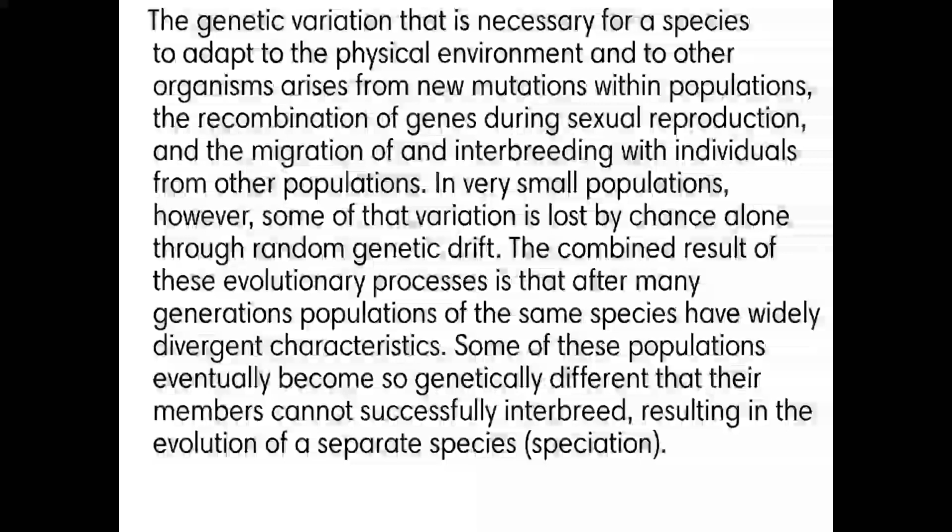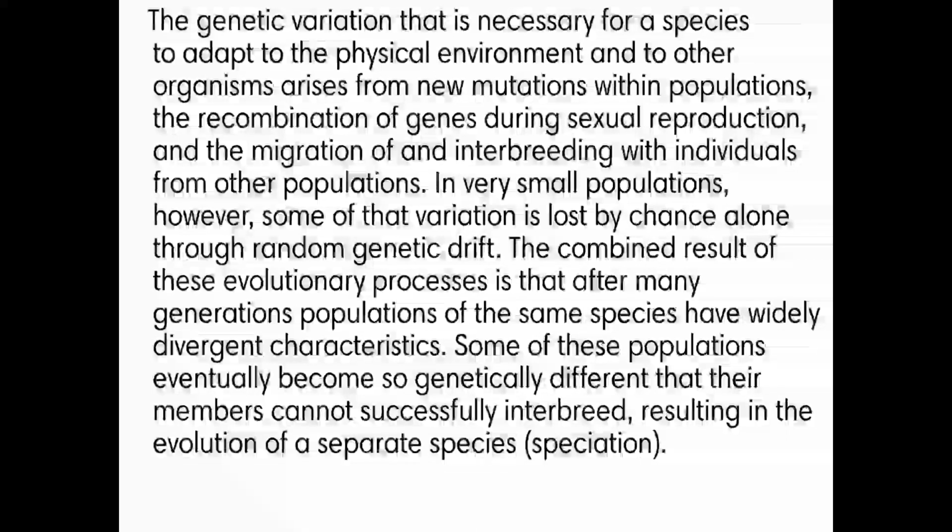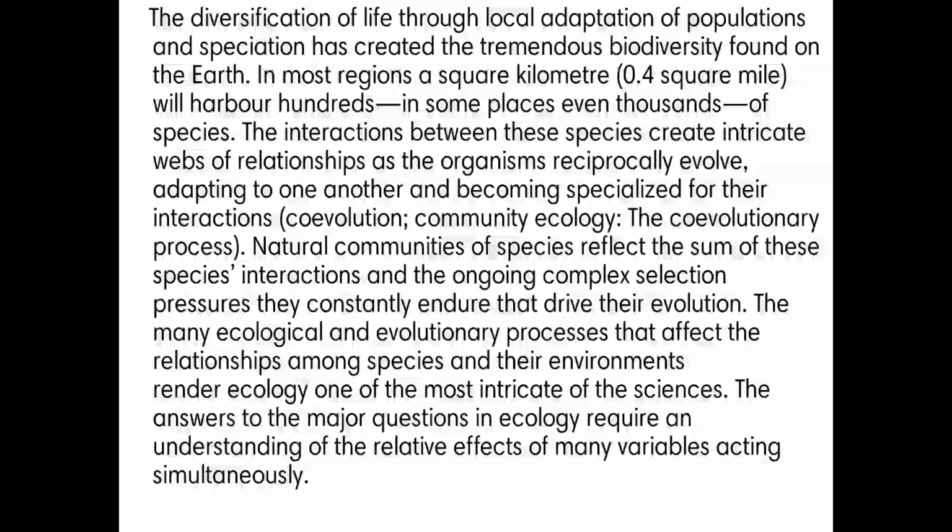Some of these populations eventually become so genetically different that their members cannot successfully interbreed, resulting in the evolution of a separate species, speciation. The diversification of life through local adaptation of populations and species has created the tremendous biodiversity found on the Earth.